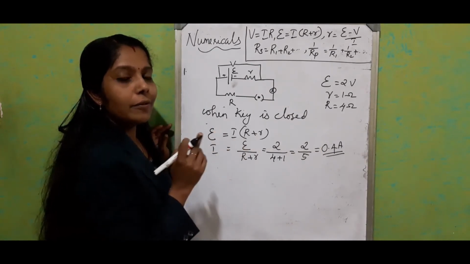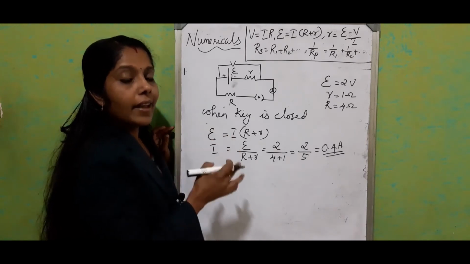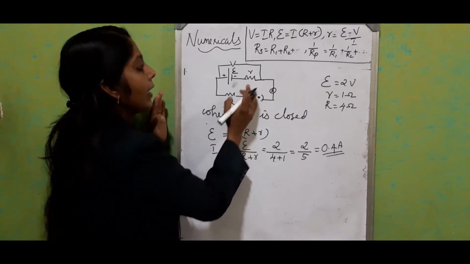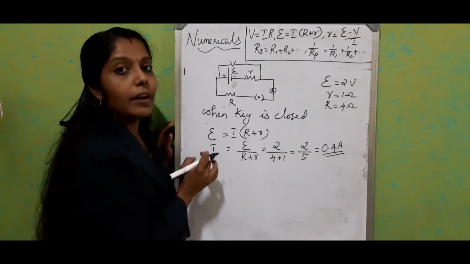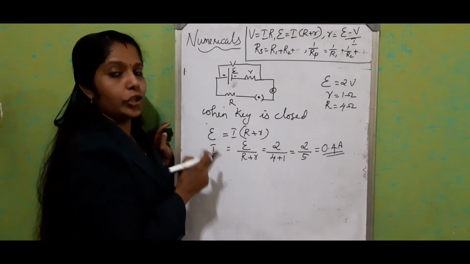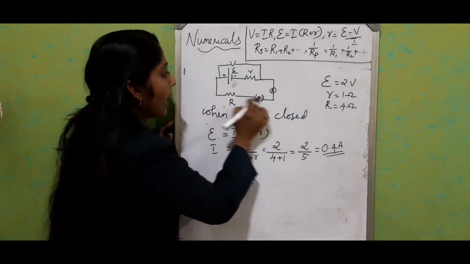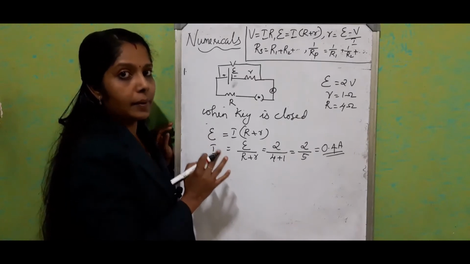Now we have to find out the voltage available in the circuit. Okay. When it is a closed circuit, the voltage available in the circuit does not depend upon the internal resistance. We are finding out the voltage drop, which means how much voltage is available outside the cell.